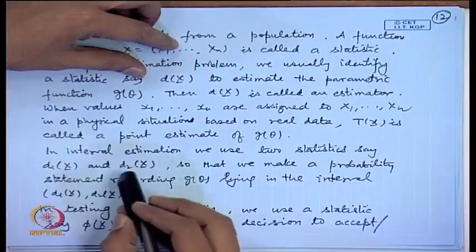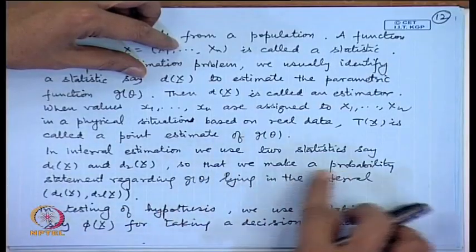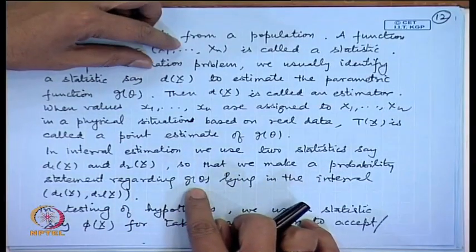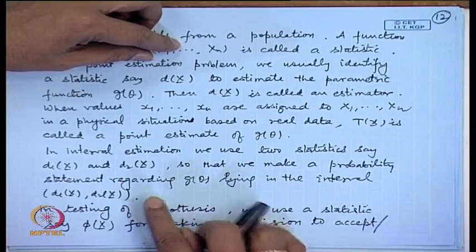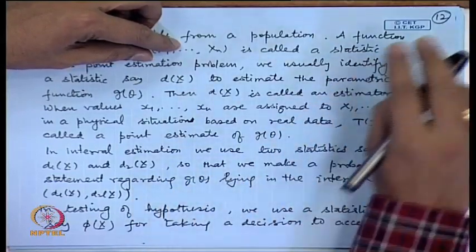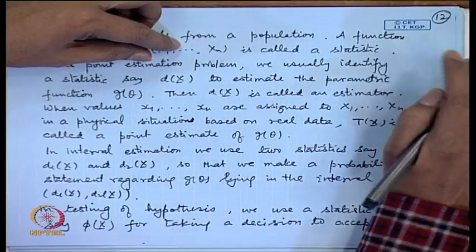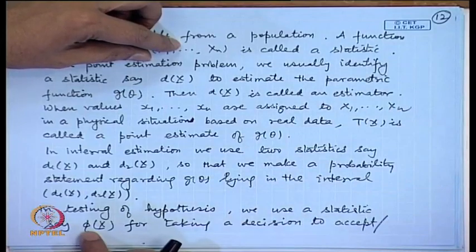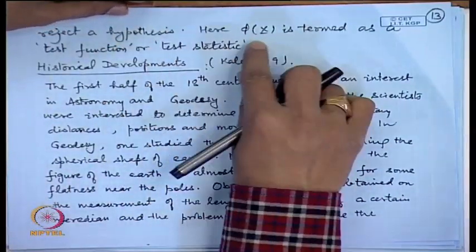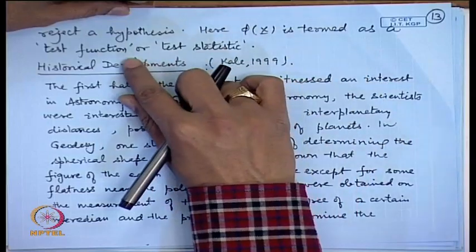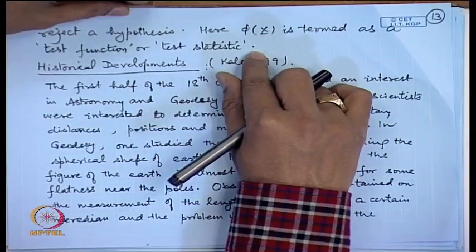So we need to specify d1(X) and d2(X), so that we can make a probability statement regarding the parametric function g(theta) lying in the interval d1 to d2. In testing of hypothesis, we use a statistic, let us call it phi(X), for taking a decision to accept or reject a given hypothesis. In this case, phi(X) is termed as the test function or test statistic.